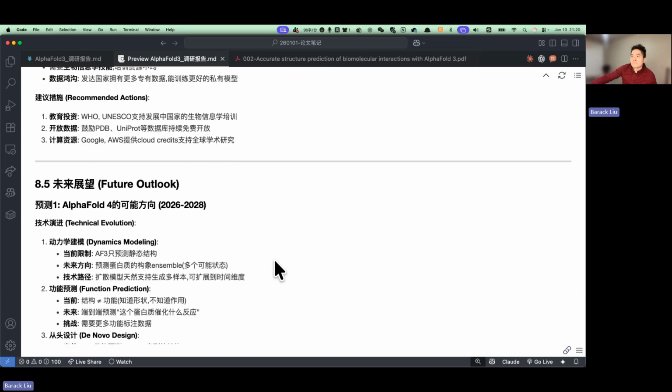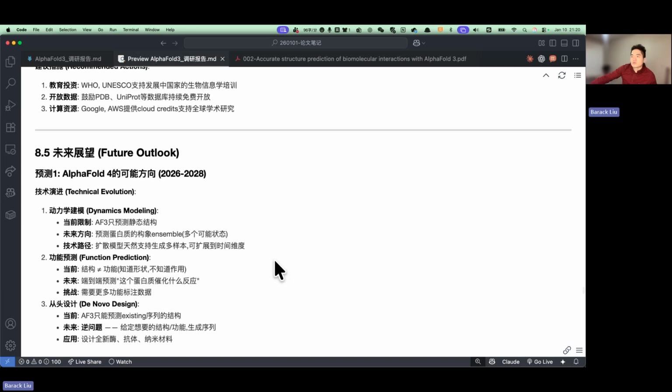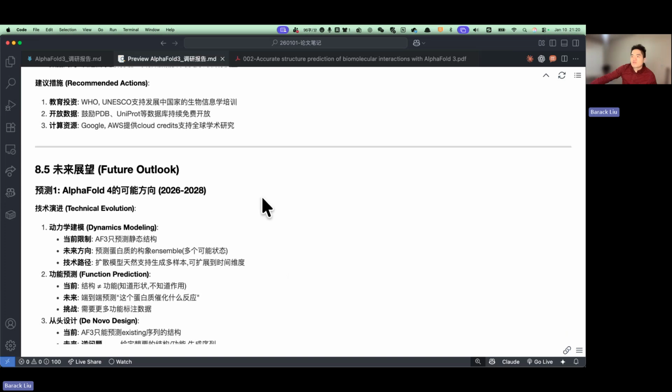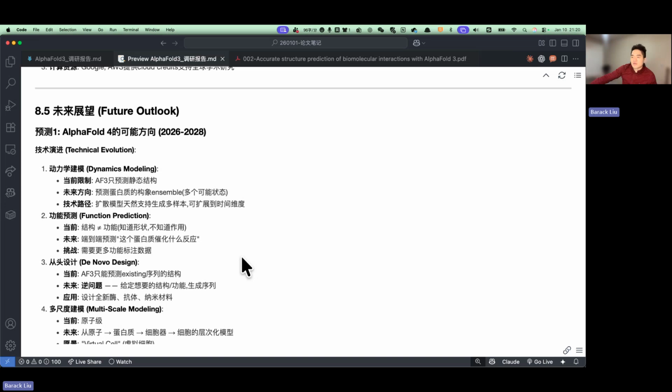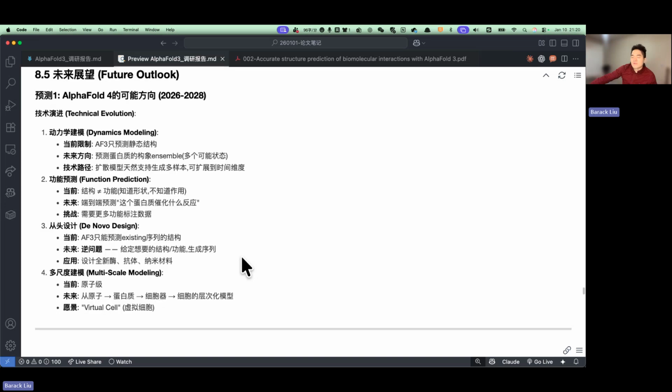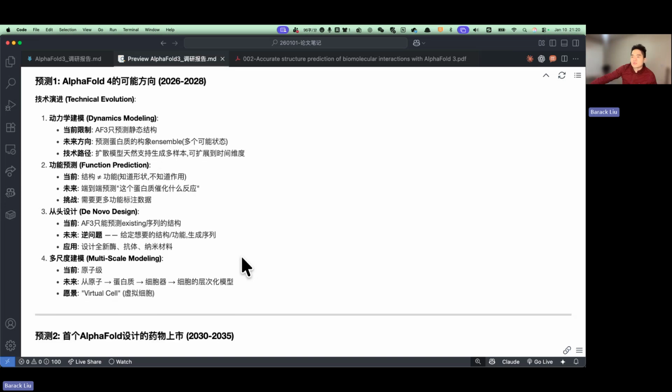Future outlook. AlphaFold 4, technical evolution: dynamic modeling, function prediction, de novo design, multi-scale modeling.